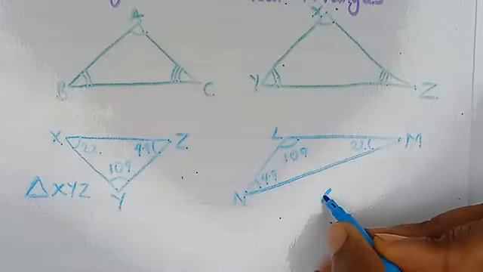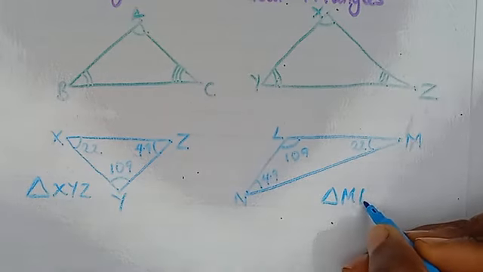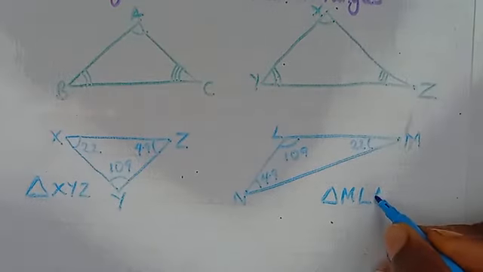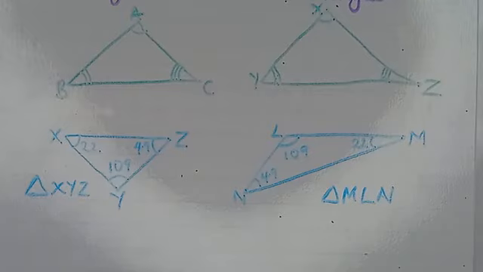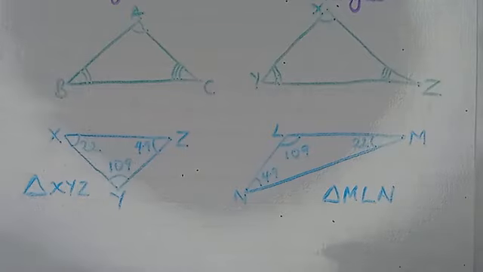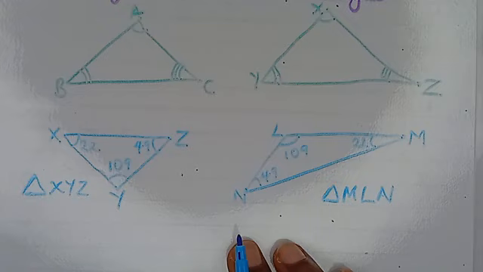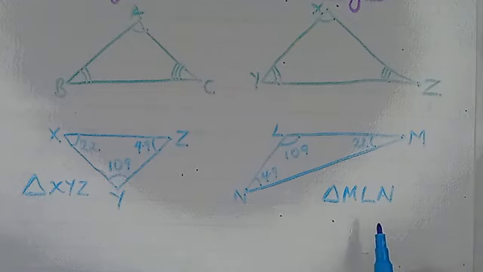So we have triangle MLN, with the remaining one being N. Do you see how to name it? Don't worry, other examples we are going to solve will help us understand what we mean by naming the similar triangles in a corresponding manner.